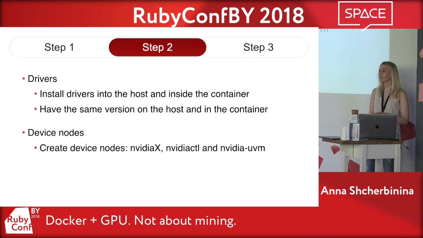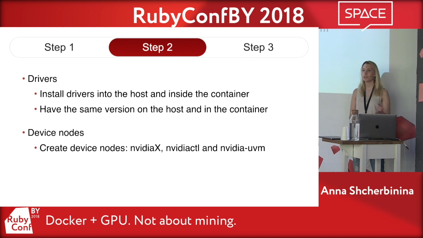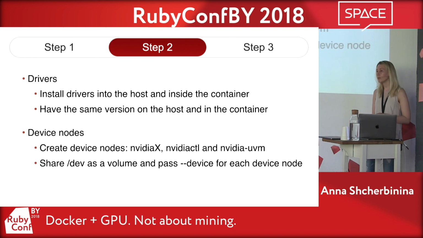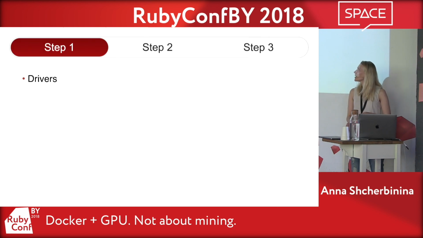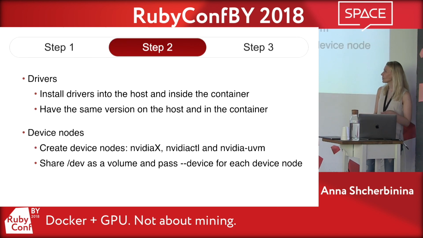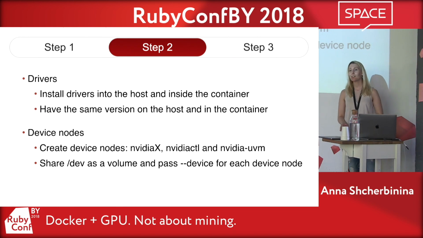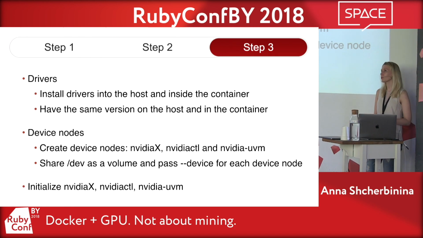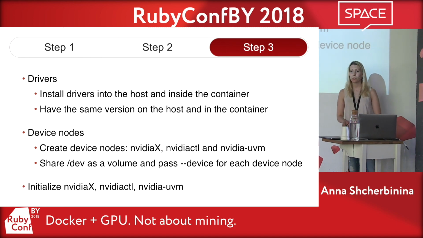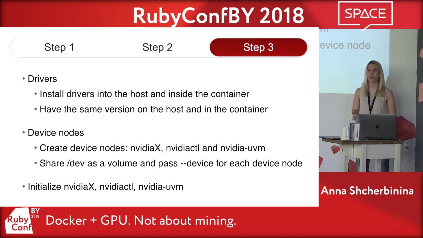You should create a device node for each GPU core available and for the NVIDIA CTL and NVIDIA UVM. Also, you should share each node as a volume and pass as a device to the container. And finally, if you don't have device nodes on Upstart, you should create them before.